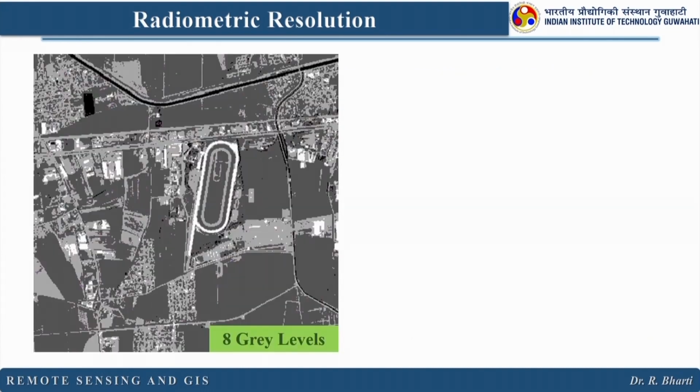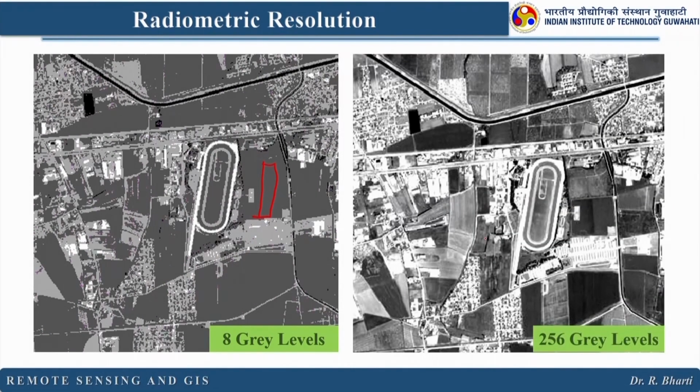Here you can see 8 gray levels, 0 to 7 or maybe 1 to 8. So, 8 shades can be depicted here, but in case of 256 you have a 0 to 255 range or 1 to 256 range, and that is why you have more information in this particular image, right.